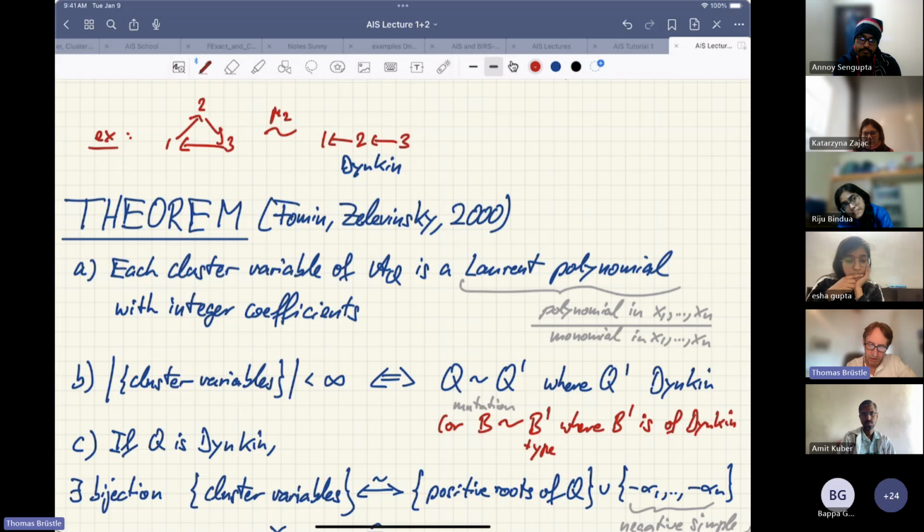And here I mean all Dynkin types, A, B, C, D, E, F, and G. Yeah, so they proved their theorem in the general context of valued quivers and root systems.